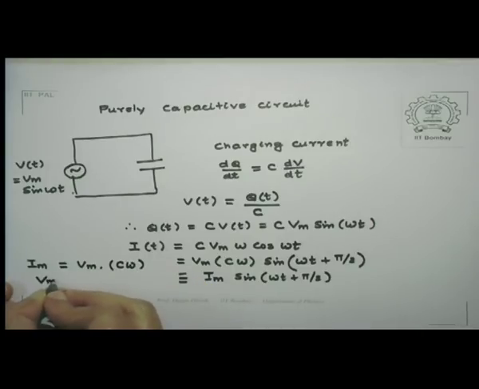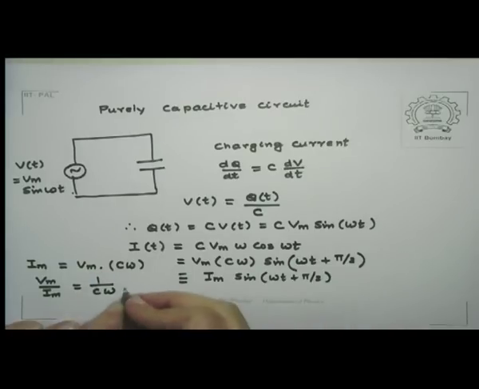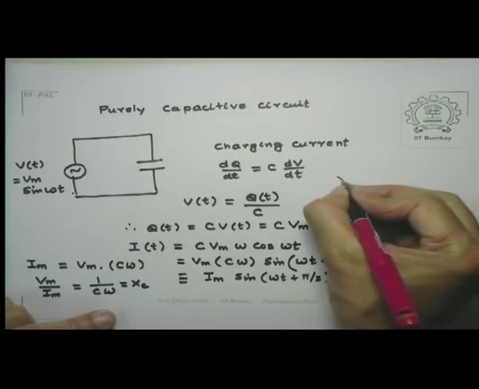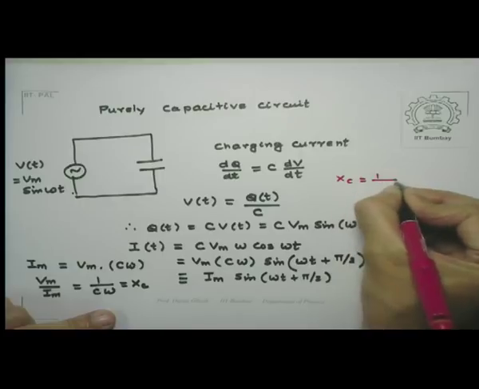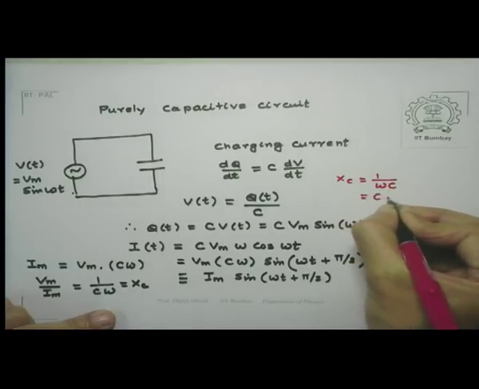Therefore, the ratio Vm by Im is 1 over C omega. So notice that the role of resistance in a DC circuit is played by this factor 1 over C omega, and that is usually denoted as Xc, and this Xc is known as capacitive reactance. So let me make a note here that Xc is equal to 1 over omega C, the capacitive reactance.